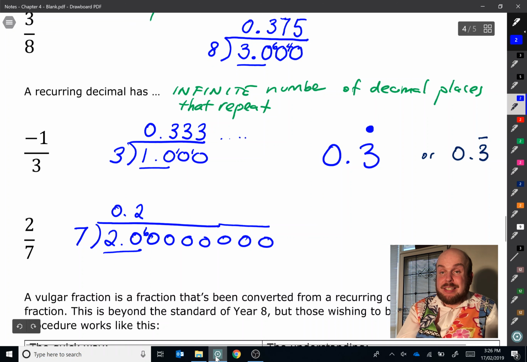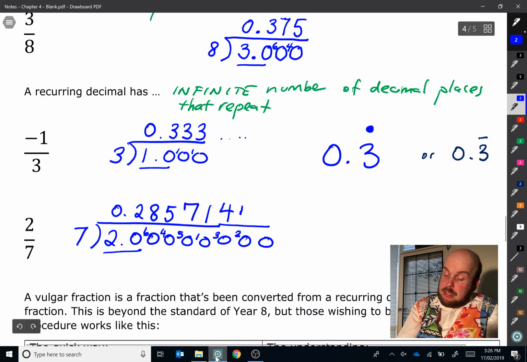7 goes into 60 8 times and 4 remainder. 7 goes into 40 5 times and 5 remainder. 7 goes into 50 7 times and 1 remainder. 7 goes into 10 once and 3 remainder. 7 goes into 30 4 times and 2 remainder. 7 goes into 20 twice, and 6 remainder.